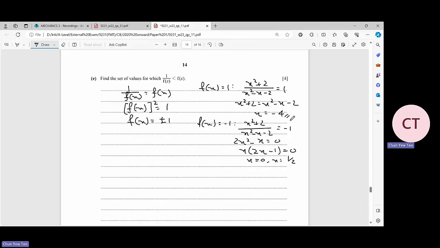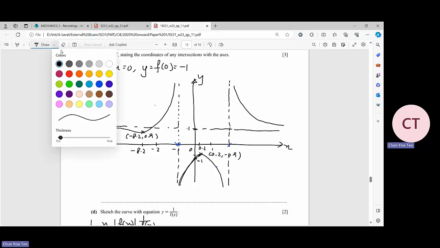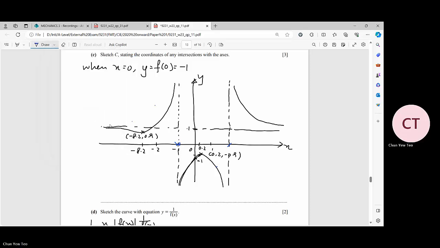Okay. So I borrow the graph over here. Remember just now I plot the graph like this. Okay. So you can see that they have intersections at 1. Okay.